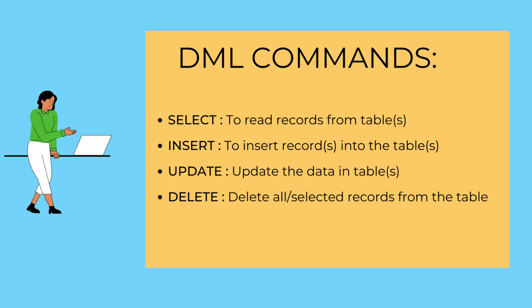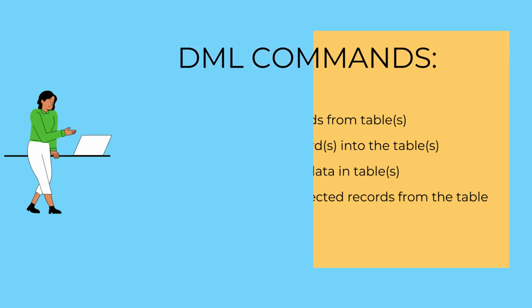The third command is the update command, which we use to update the data in the table. And the last command is the delete command, which we use to delete either all the data or some selected data or records from the table.